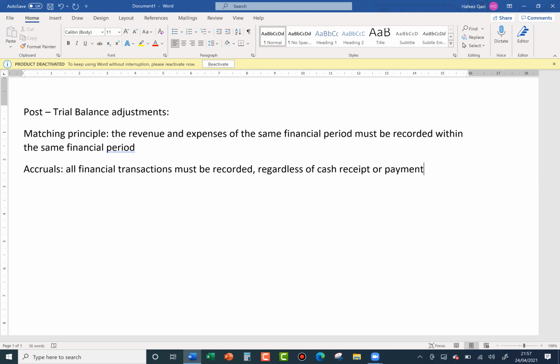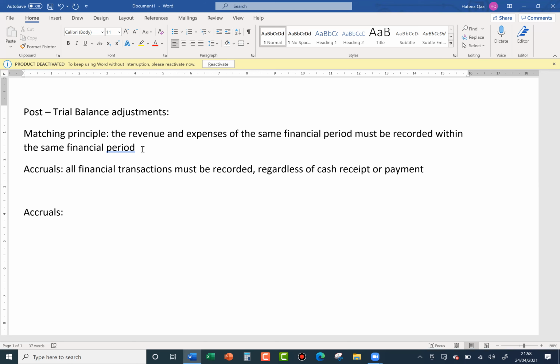Whether the business has received cash or paid cash, or whether they haven't received cash or paid cash, as long as the financial impact relates to the current financial period, those transactions must be recorded in the financial period. Okay, so we can start with these post trial balance adjustments with accruals, which are quite common in the life of accounting students.